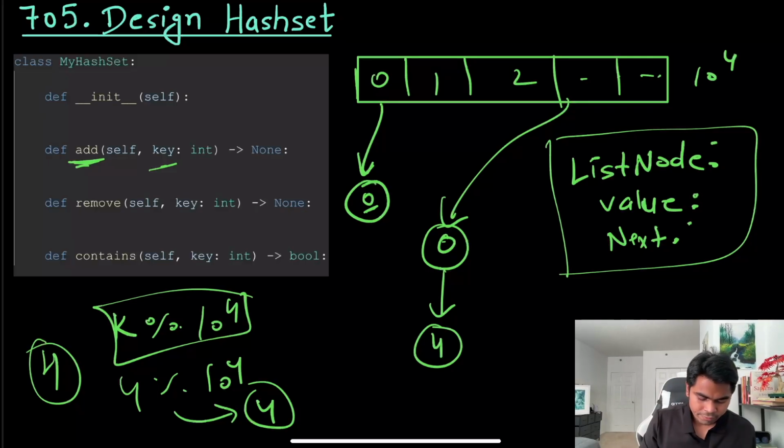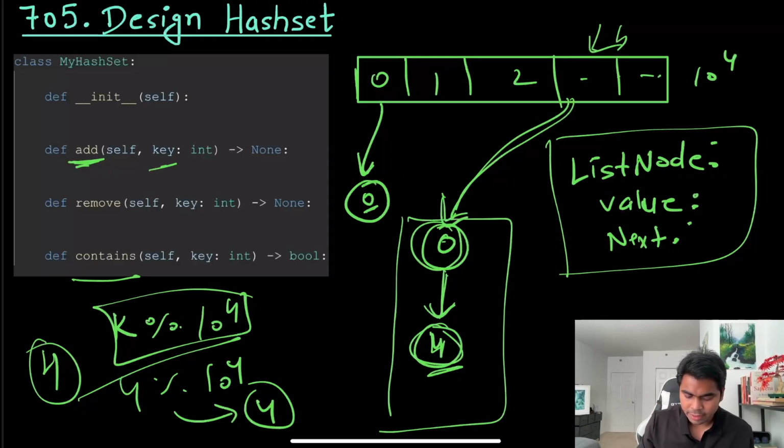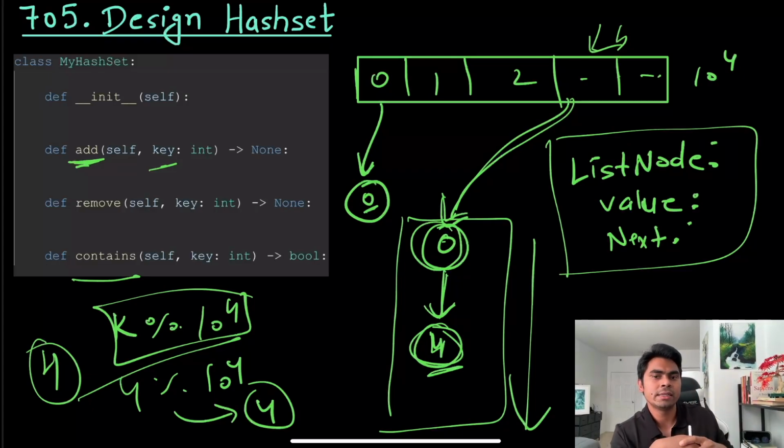Next time, if I were checking if 4 exists here, I will again check for that key. I will go to 4, and from here I will start checking linearly if 4 is in this, because it will be more like a list, right? So I'll have to keep going, using iteration, if cur.next, and keep moving the current pointer to the next value.